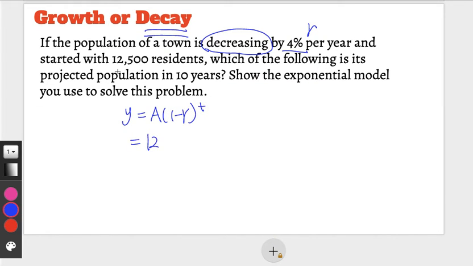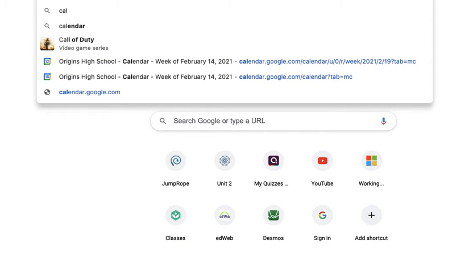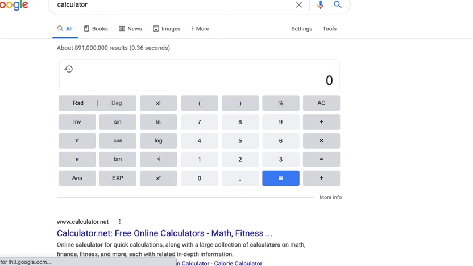So we already know the initial population is this, and 1 minus 4%. Again, let's just convert it to a decimal. Over 10 years. Now we are going to type everything in the calculator. So let's do the calculator quickly.